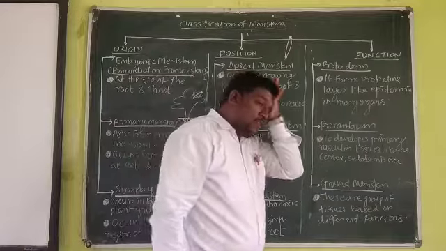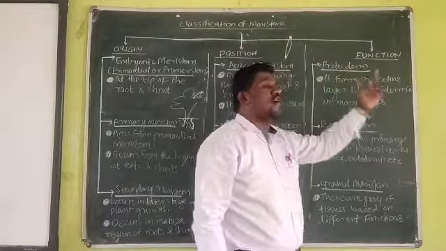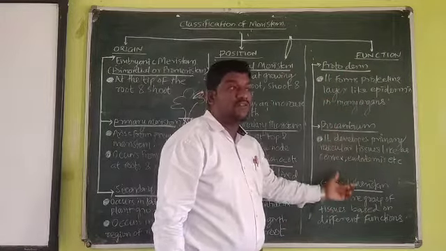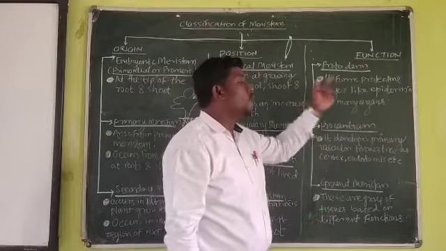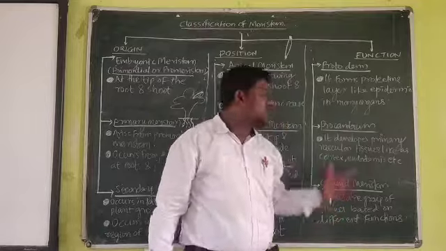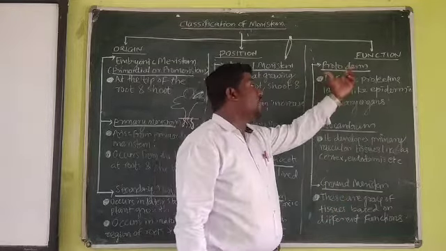Okay, and the third part is on the basis of function. On the basis of function, it is divisible into three parts: the protoderm, procambium and ground meristem. Easiest one. What is the function?